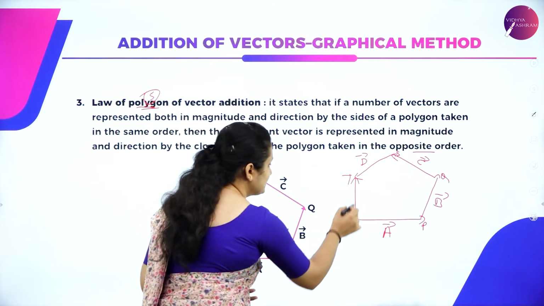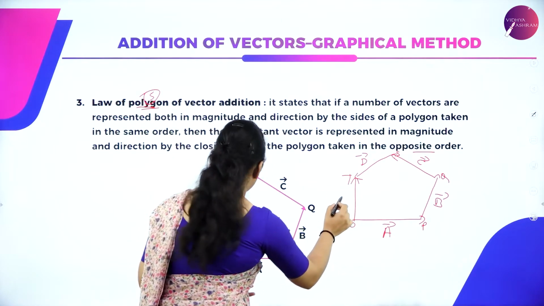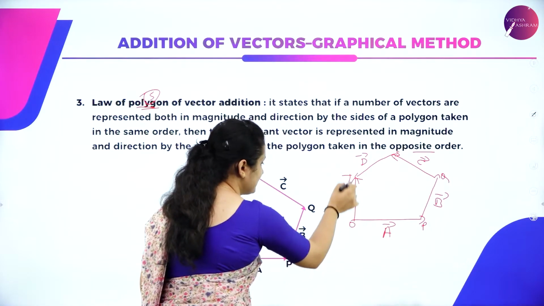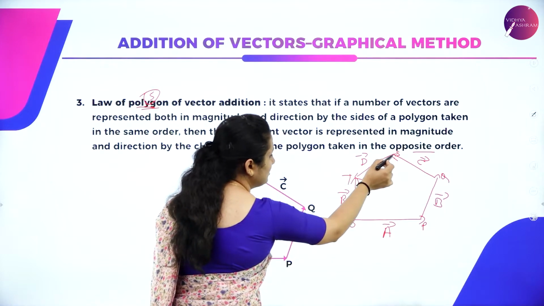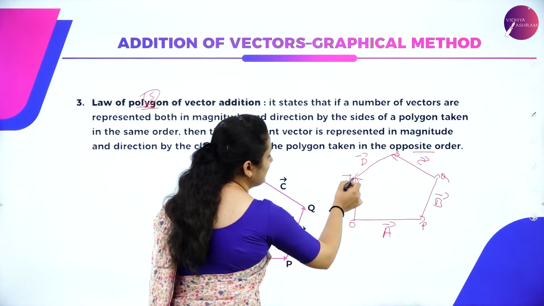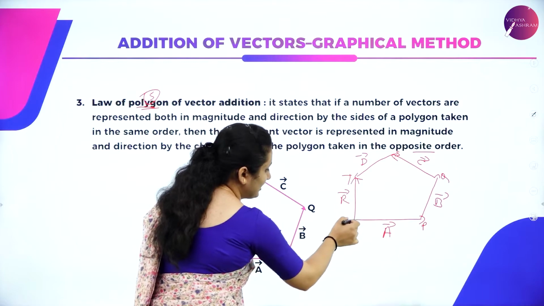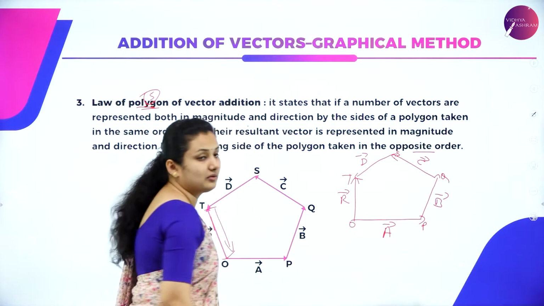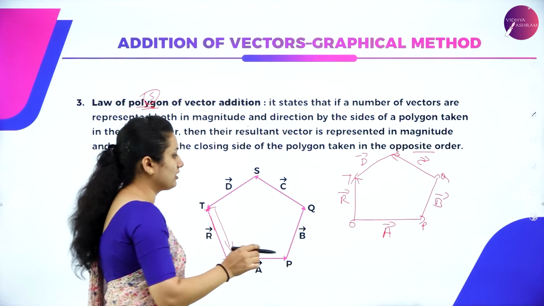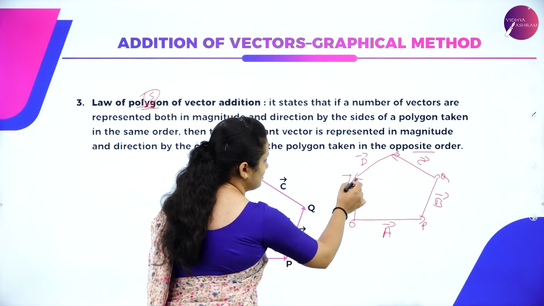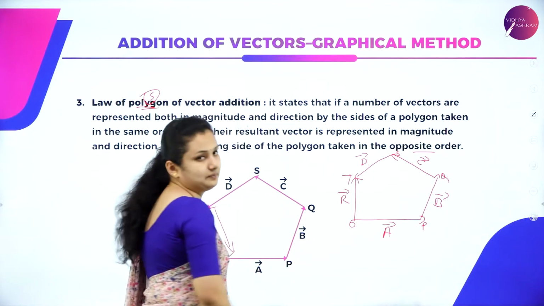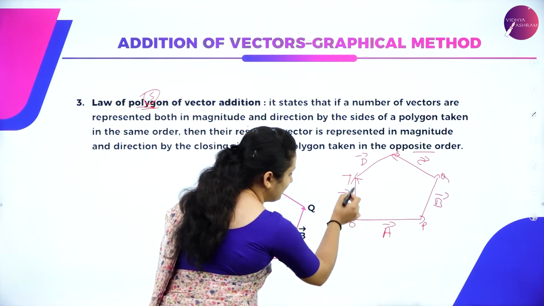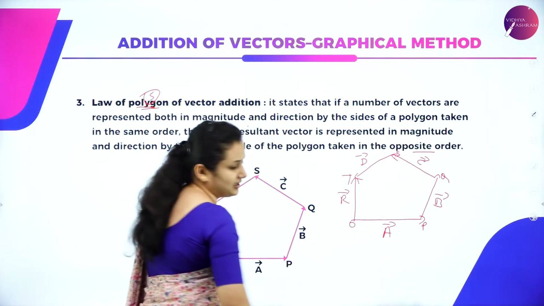So this side of the polygon gives me my resultant vector. It is in the opposite direction. If the tail were connected from the head of line ST to the line OP, that would be wrong. So it should be in the opposite direction, so that the tails of lines OT and OP intersect.